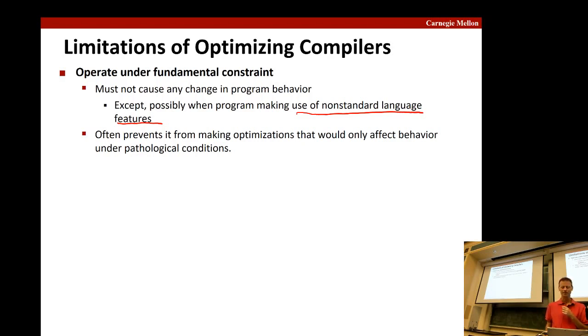Why is that? It's basically because you don't want to force the compiler writer to accommodate all these non-standard features. So it's going to just do whatever's convenient for programs that use the standard features. And if they happen to do some weird stuff for non-standard features, then so be it. Buyer beware.